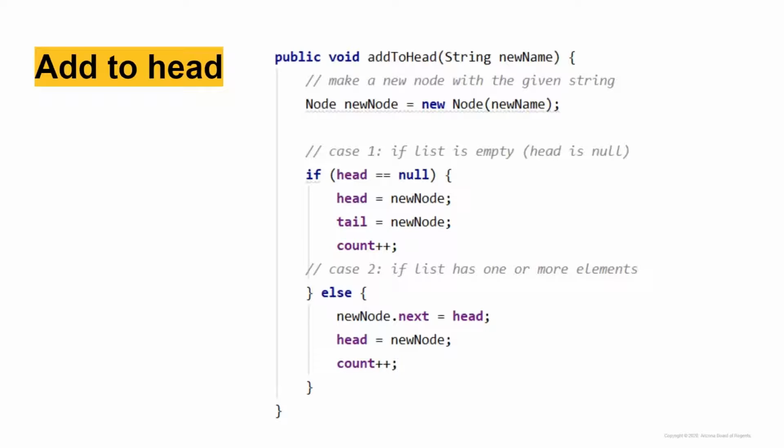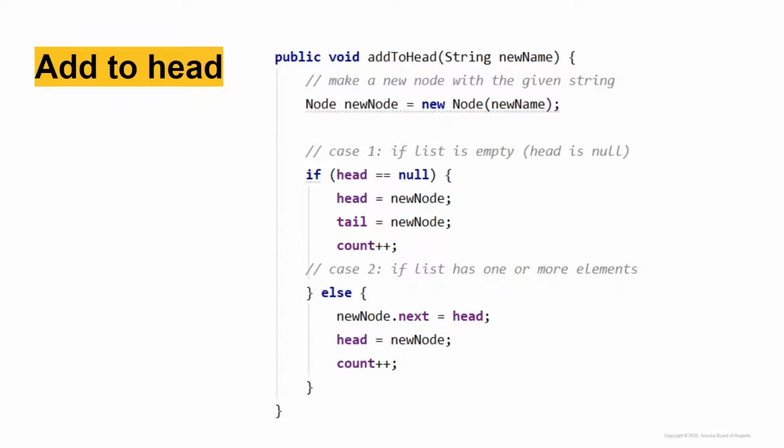But case two, if the list has one or more elements, we can't just do this. So this is the else, else if head is not equal to null. The new node dot next, and remember your dot notation to access the methods or data of an object. Our object called new node, accessing its data, we use that dot notation.